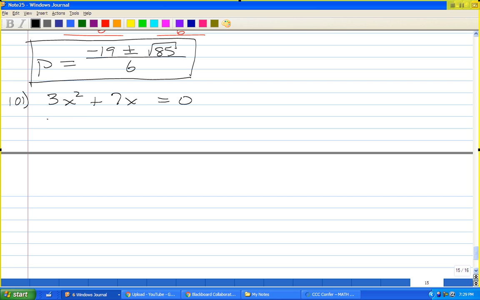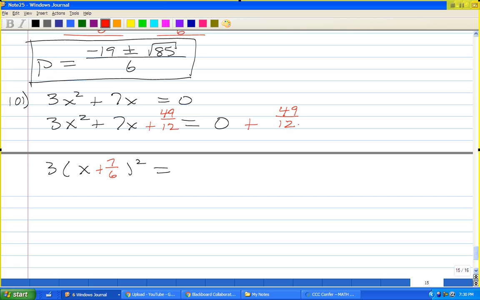Okay, so let me complete the square. 7 divided by 3 times 2 is 6. 7 squared is 49. 6 squared is 36 times 3 is 12. So let me add 49 over 12 to both sides of the equation.